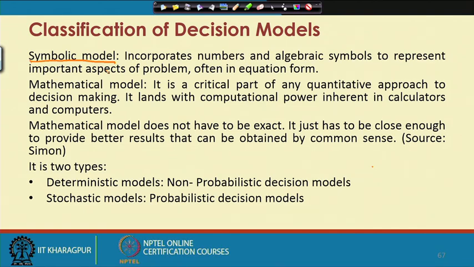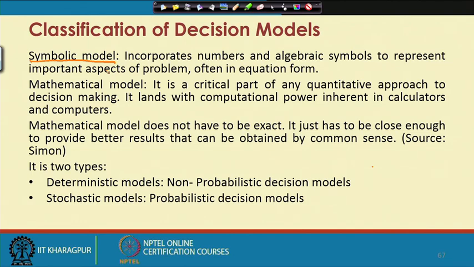One particular model we call the mathematical model, and another is called the statistical model. In this kind of decision making process, we will be dealing with mathematical models, and that is why we first understand the mathematical model concept. A mathematical model is in general a critical part of any quantitative approach to decision making.